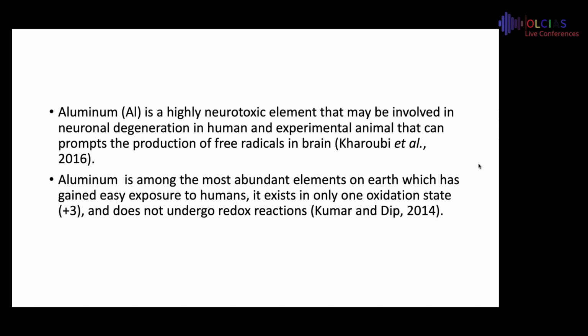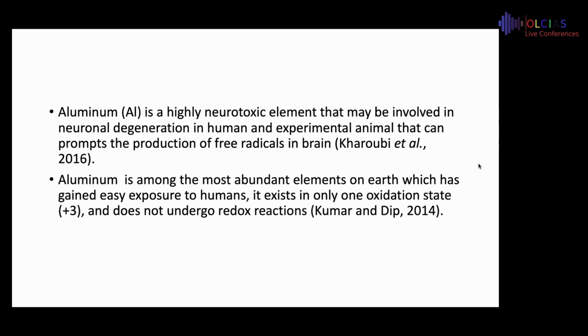It has also been reported that aluminum chloride can bind with phospholipids such as phosphatidylserine of the brain, so as to prompt the production of reactive oxygen species, thereby leading to damage to the neurons in the brain.